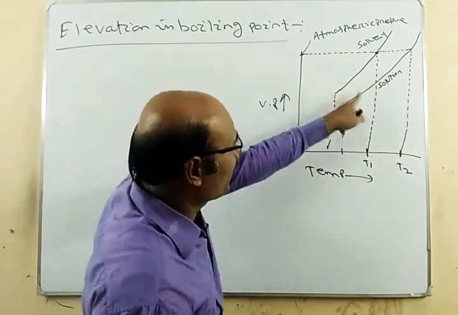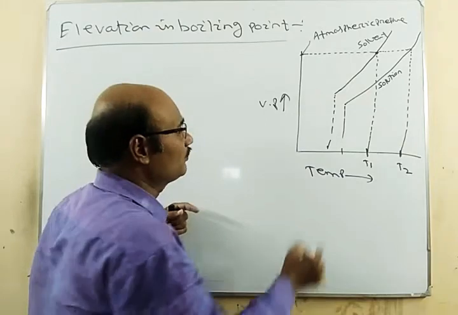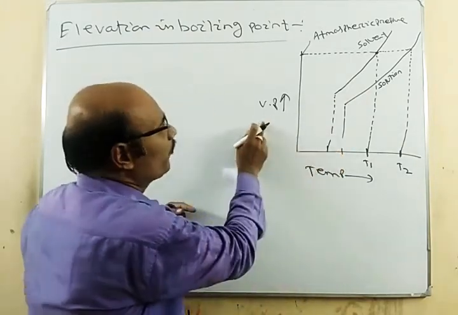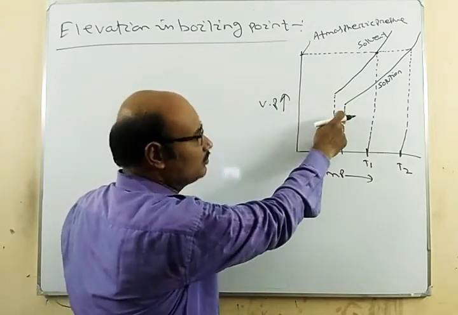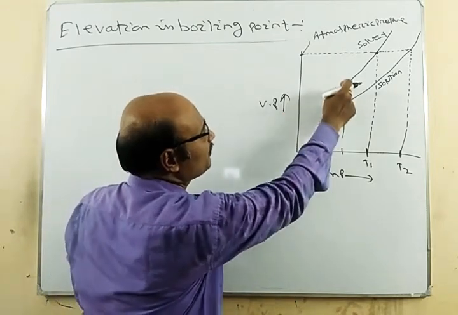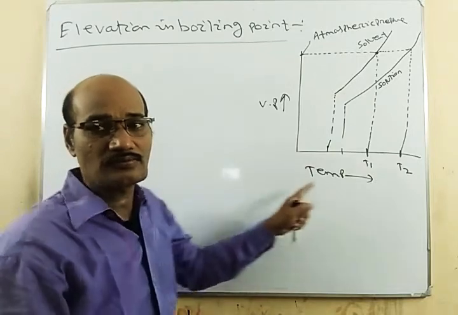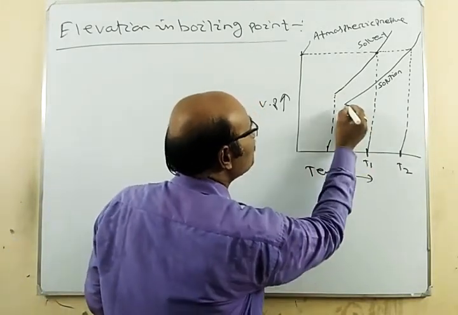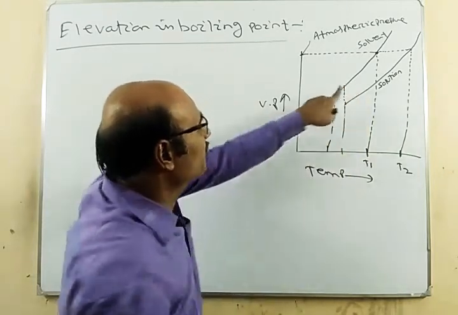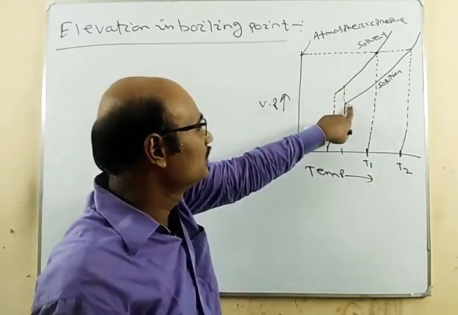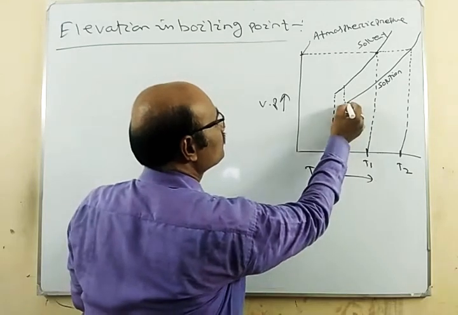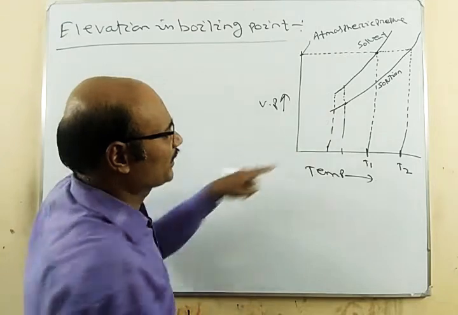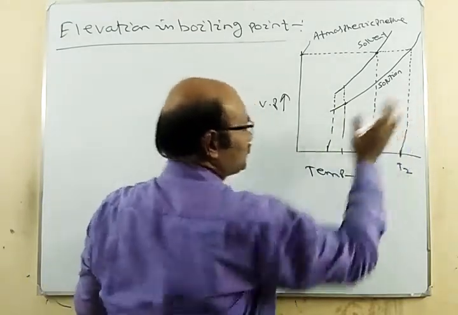So at any point, you can see that the vapor pressure of a solution is less than that of the solvent. At any temperature, if I take a temperature here, the vapor pressure of the solvent is higher than that of the solution.